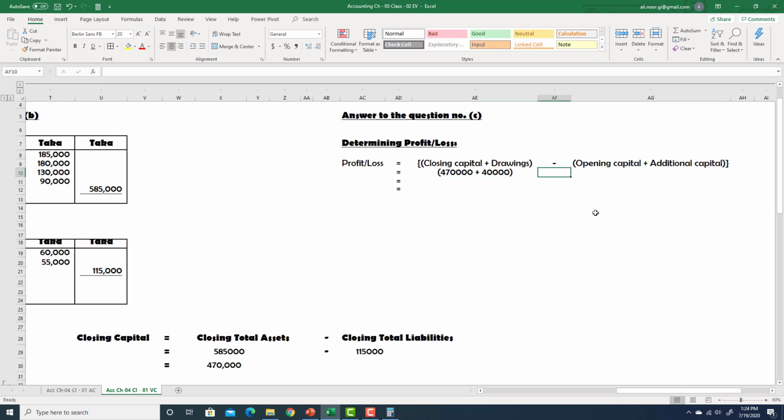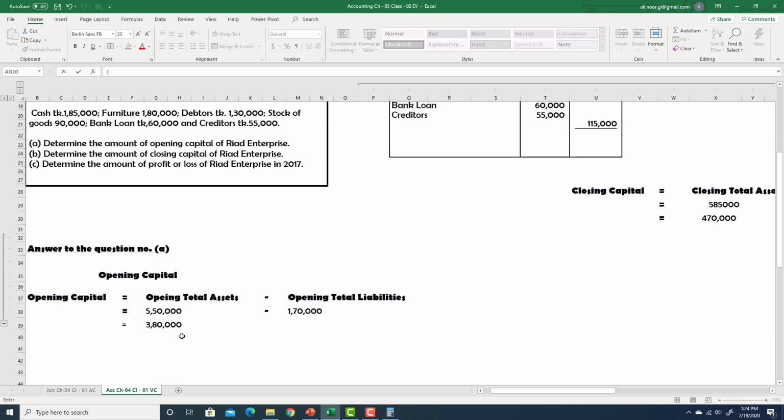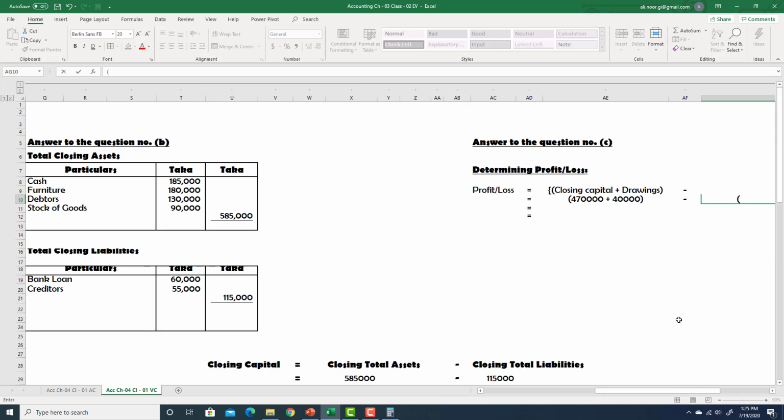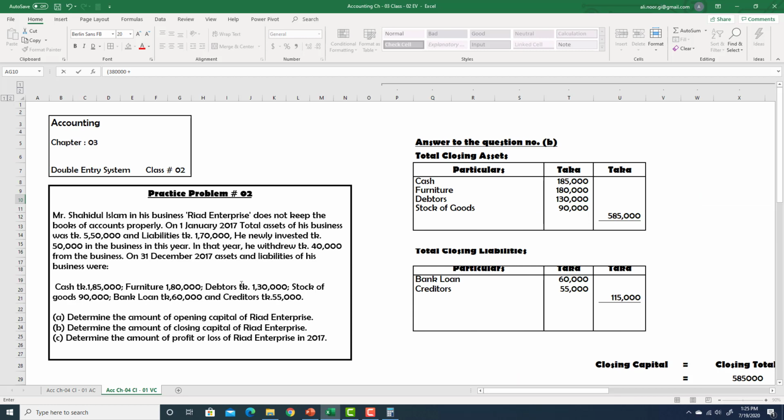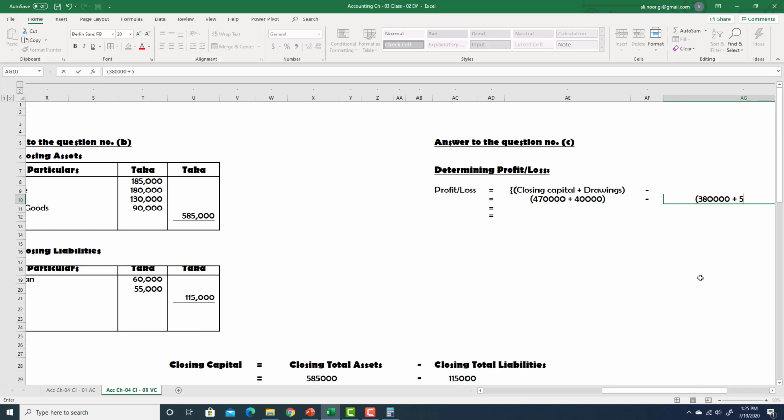Then write a minus sign and put the other values. Opening capital is taka 3,80,000 plus additional capital, which he newly invested, taka 50,000.